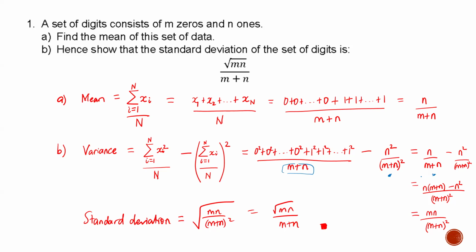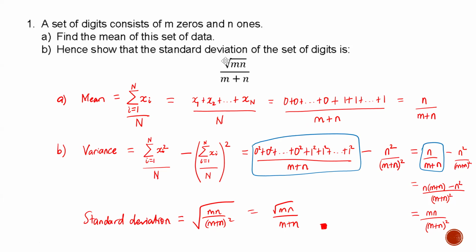So let me first erase these marks I've made. So this right here is exactly that. You realize that there are m zeros.